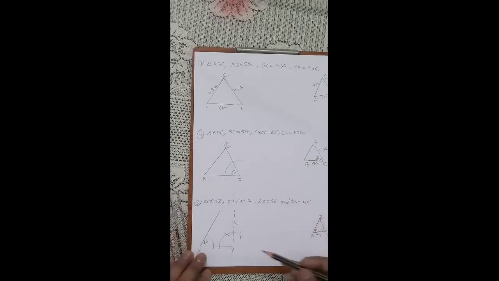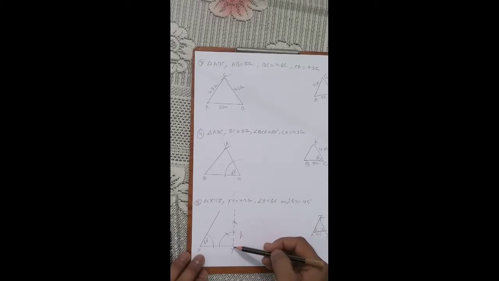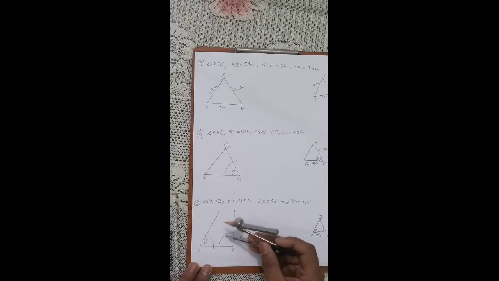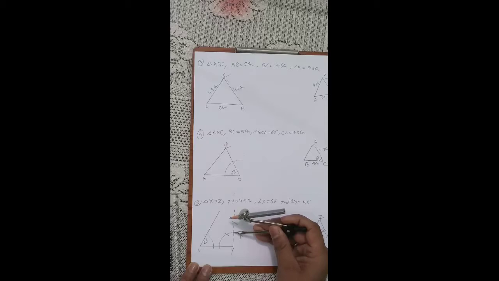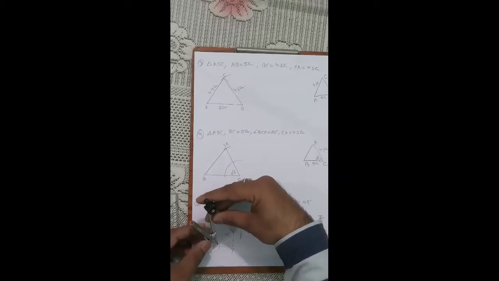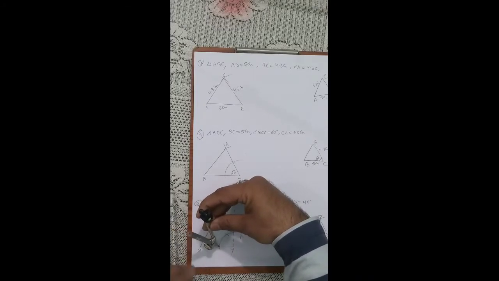Because we have to draw 45 degree and this line is the supporting line, that is why I have drawn it with a dotted line. Now we will bisect the 90 degree angle. How to bisect? We have learned. We will measure the arc which has been made for 90 degree. How? Taking this intersection as a center, another intersection we will put our pencil.